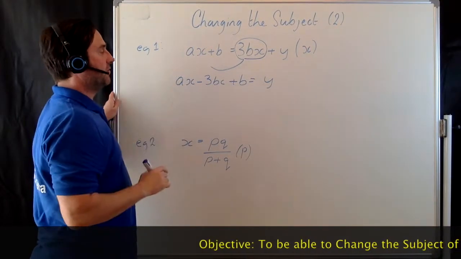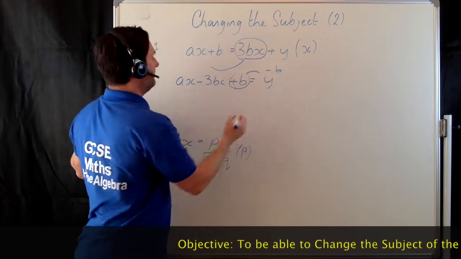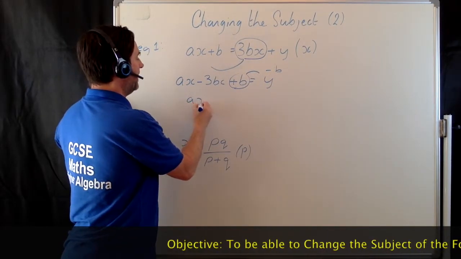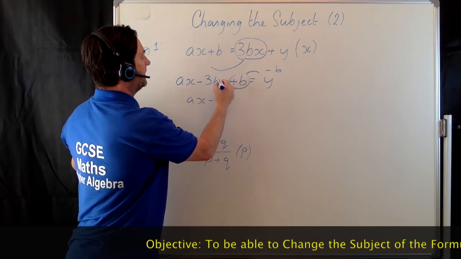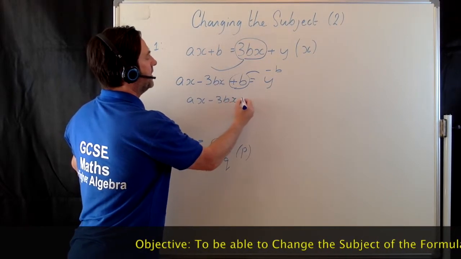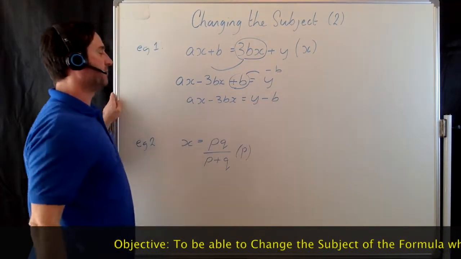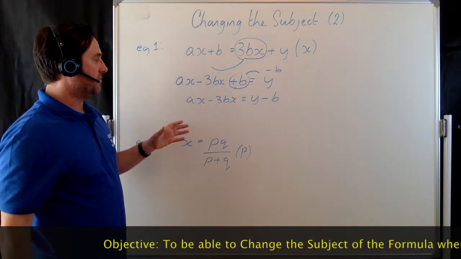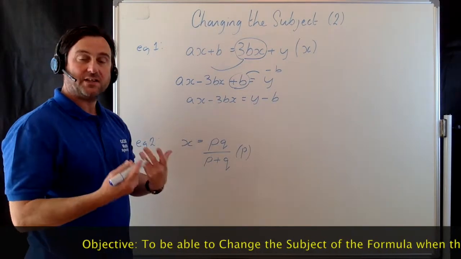Now I'm going to get the b onto the other side, so I'm going to take the b over to there and take it away. So then I'm left with ax minus 3bx equals y minus b.